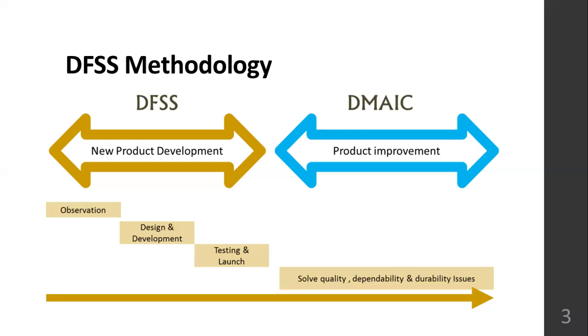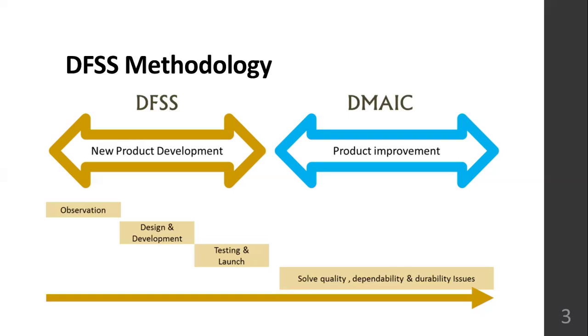So with DFSS, the team must be cross-functional to ensure that all aspects of the product are considered, from market research through the design phase, process implementation, product launch, everything is considered.